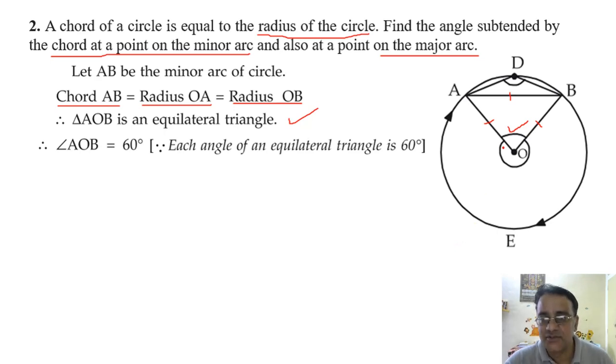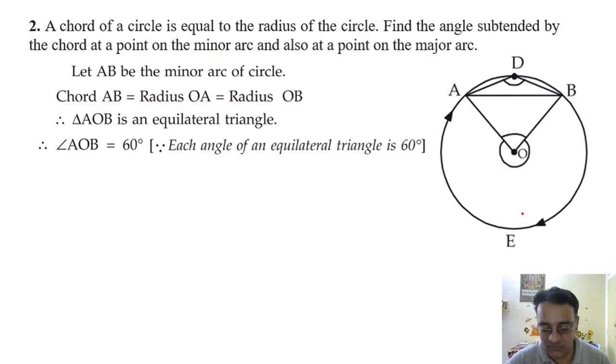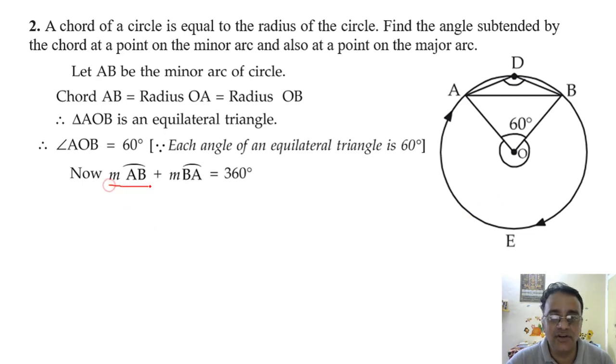Okay. So if this is 60, how much will this angle be? 300 degrees. Right. So this 60 we got. Now measure of arc AB and measure of arc BA. See the arrow mark. AB means this arc and BA arc means this one.